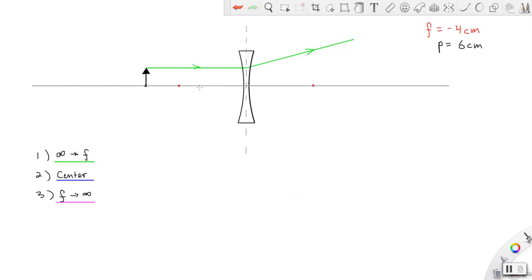Okay, so that's parallel on this side, and it's focus oriented on this side, but we're using this focal point instead of this one. Now, how do I know that? Because there's no way to use this one over here, because I would have to bend toward the optical axis instead of away. The center ray, luckily, nothing has changed here. The center ray is still just that same old boring right through the center.